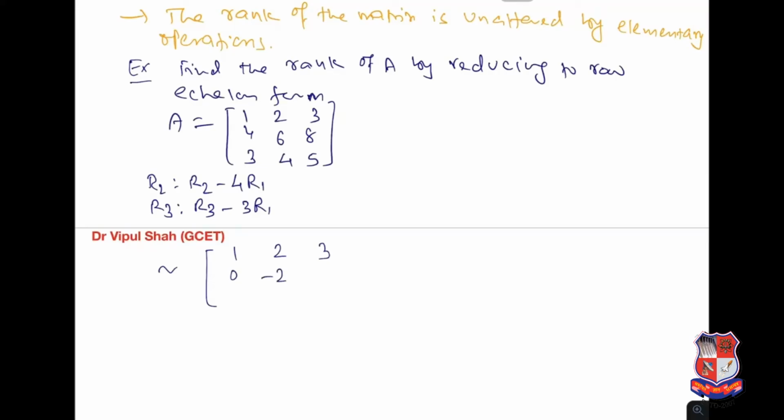Here you need to take care, do the work very slowly. Then minus 12 plus 8, so that is minus 4. Then minus 3 plus 3, so this is 0. This is minus 6 plus 4, so that is minus 2. Then minus 9 plus 5, so that is minus 4.